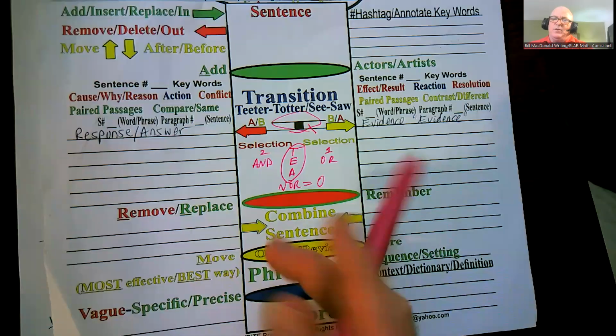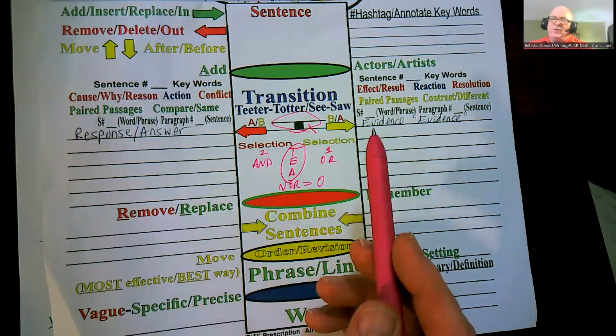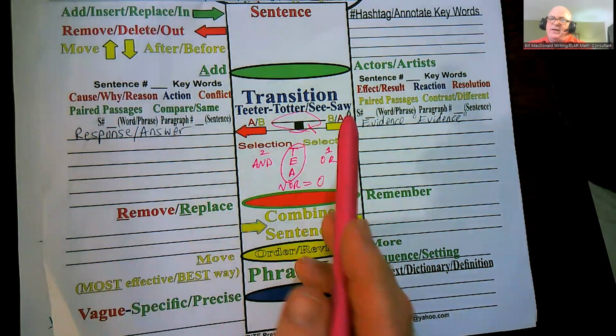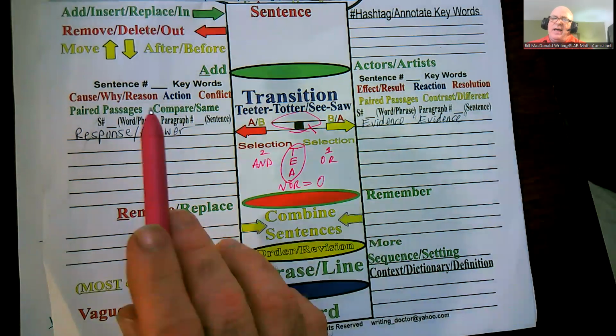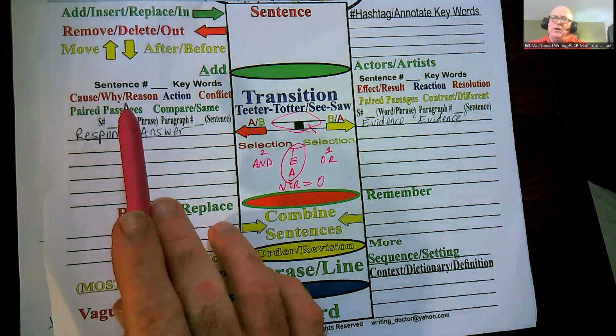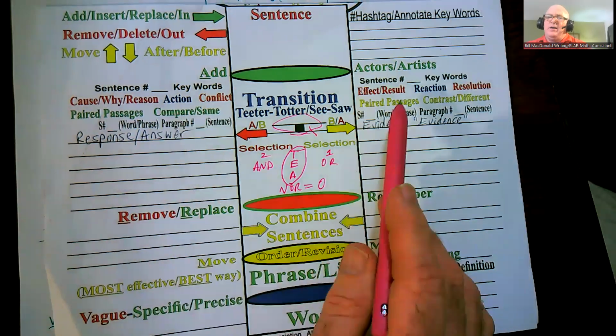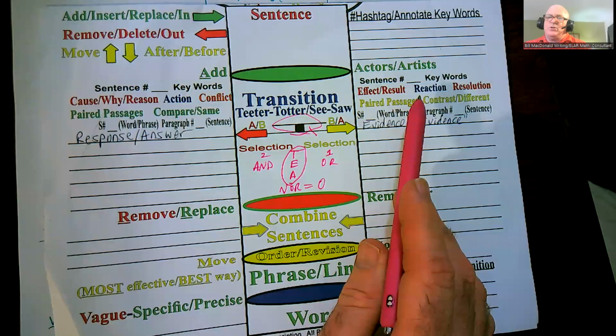Now, the last thing, whenever the student has to add a sentence, it might be that the effect is there and they have to add a cause. The action might be there and they might have to add a reaction.